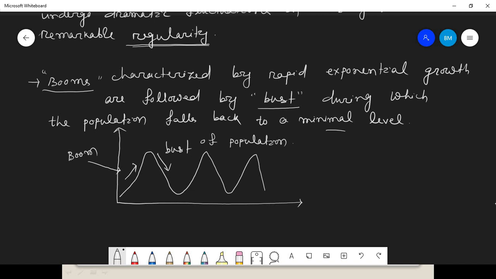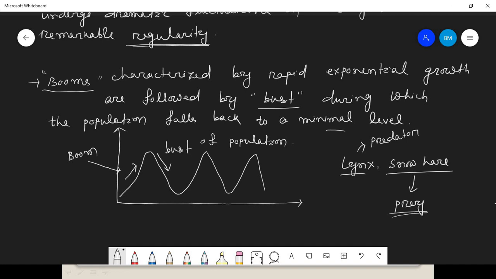Examples are certain insects, lizards, and the lynx and snow hare. Lynx is the predator, and snow hare is the prey.